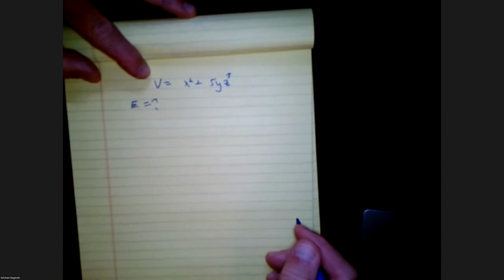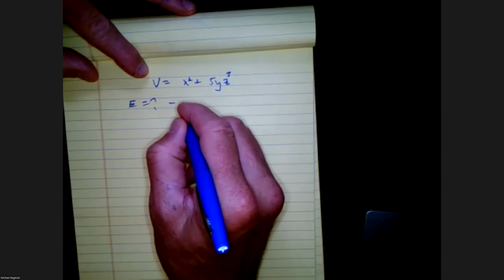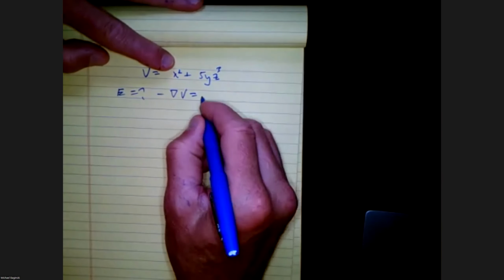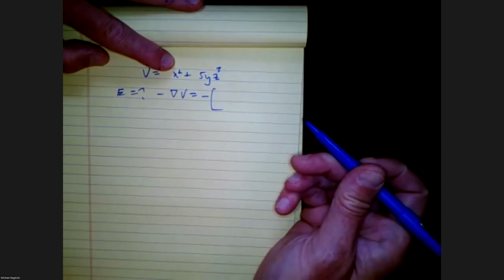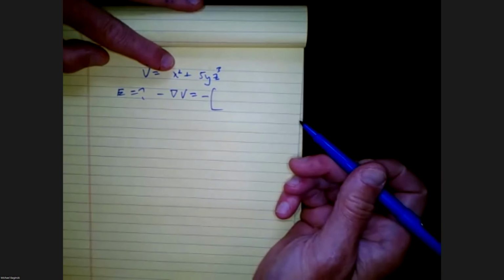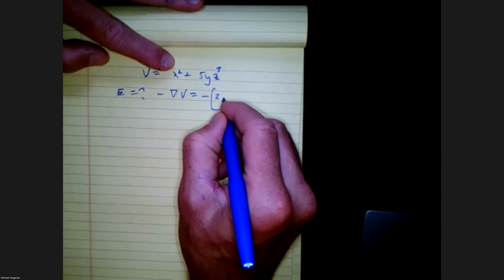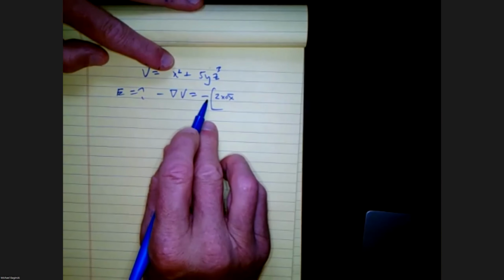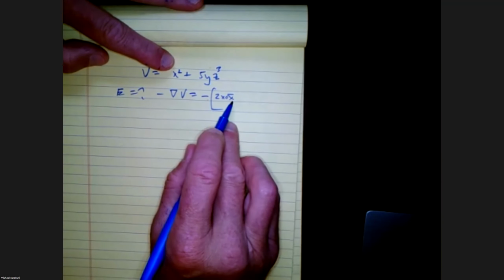How do you get the electric field? It's the negative gradient of voltage. All right, so let's do it. What's minus the gradient of that? Minus 2x ax. No, just leave the minus sign out in front. 2x ax, don't forget the ax.